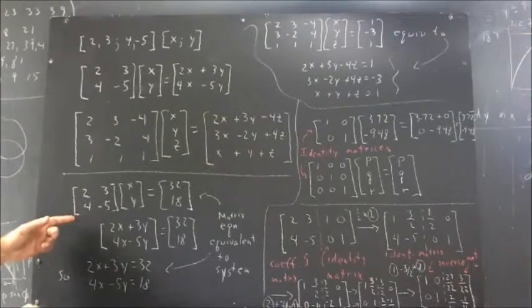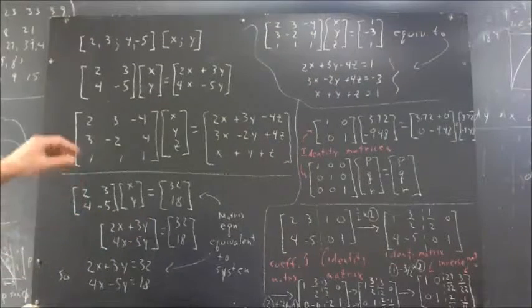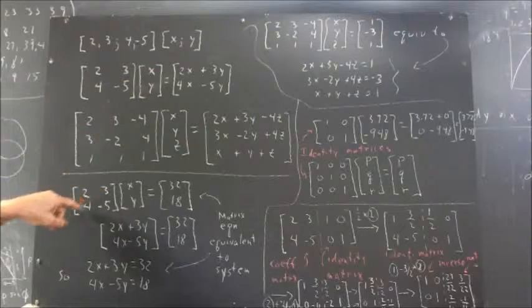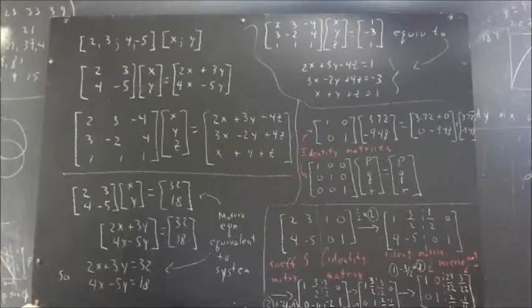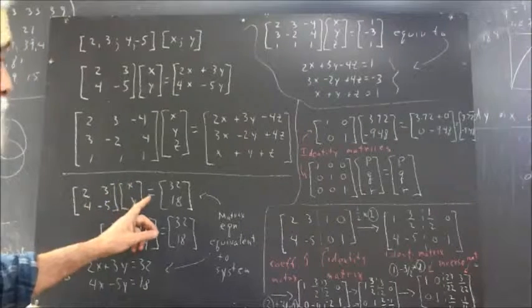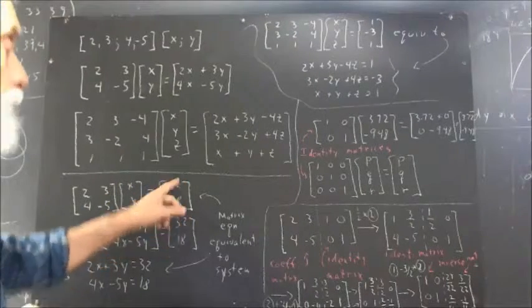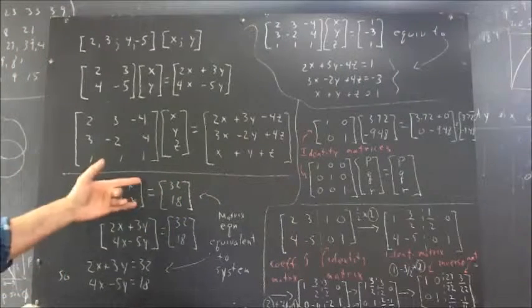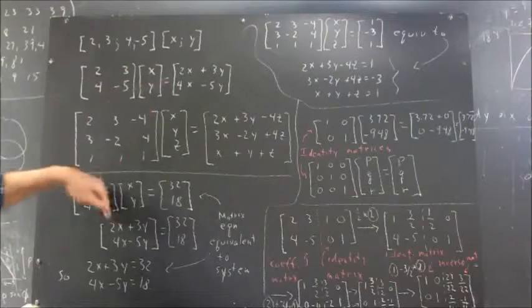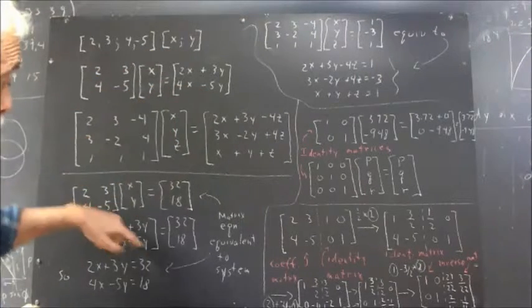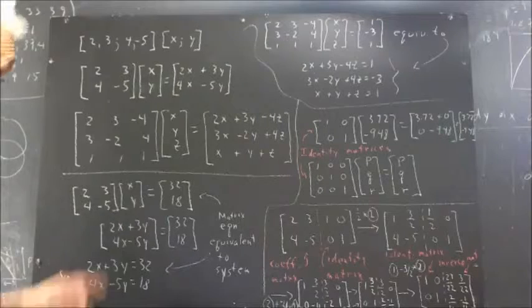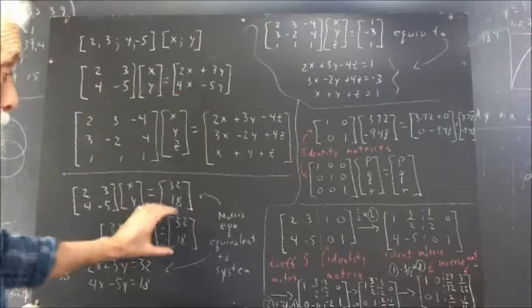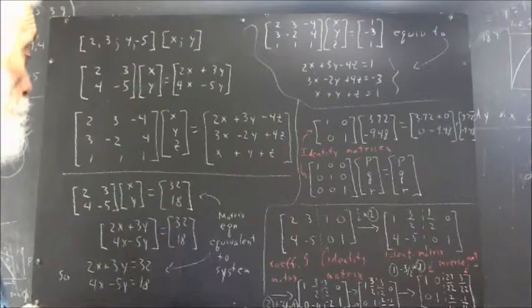Now, if we take the matrix equation, the same matrices we have here, 2, 3, 4, -5 matrix multiplied by the xy column vector, the equation that says that that's equal to the column vector 32, 18, says that since this product is 2x plus 3y, 4x minus 5y, that column vector that we get from this product is equal to the column vector 32, 18.